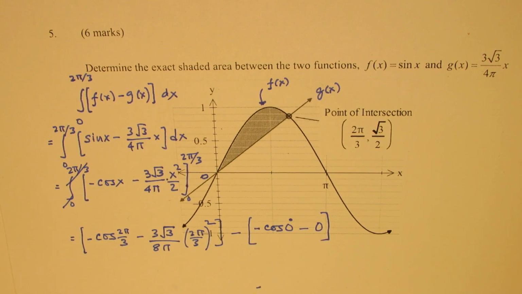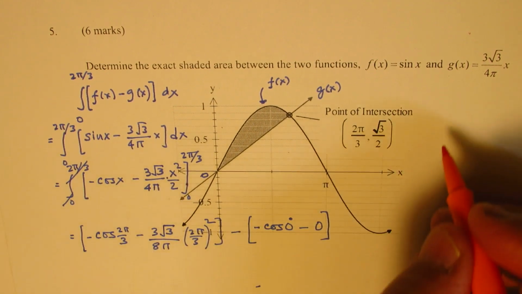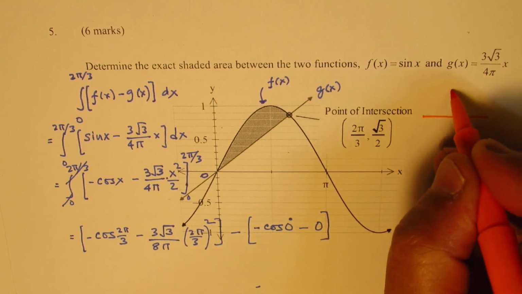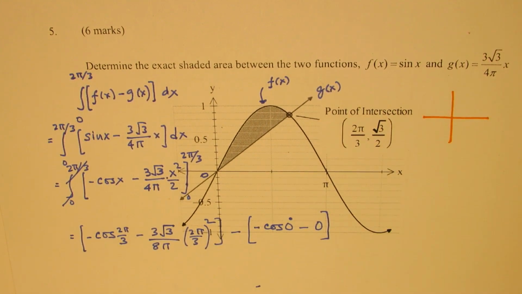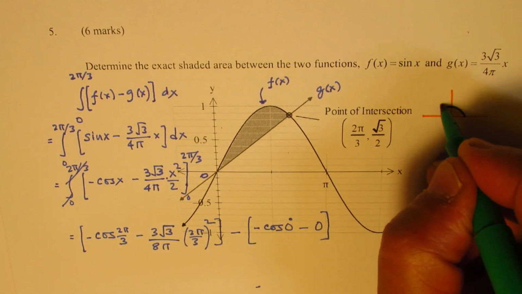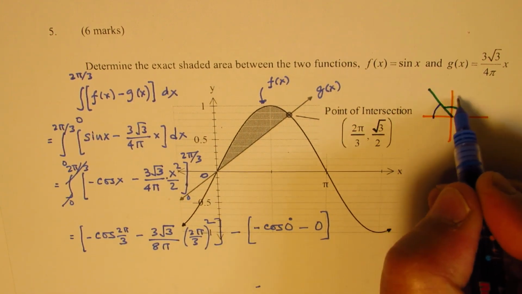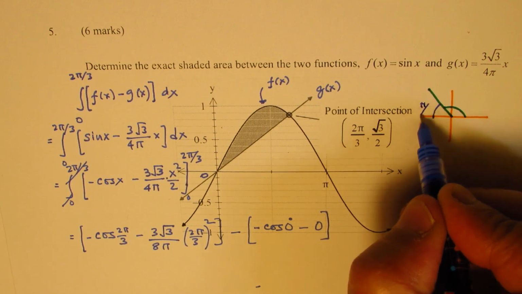So cos 2 pi by 3. The calculator is not allowed for this test paper, right? So cos 2 pi by 3 really means that we are working in the second quadrant, right? So that is the angle. And 2 pi by 3 will give us an acute angle of pi by 3, right?